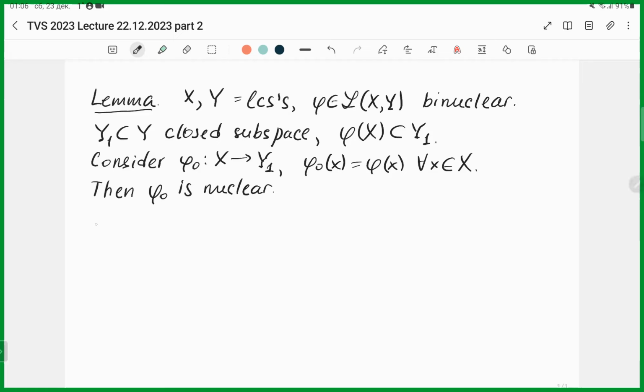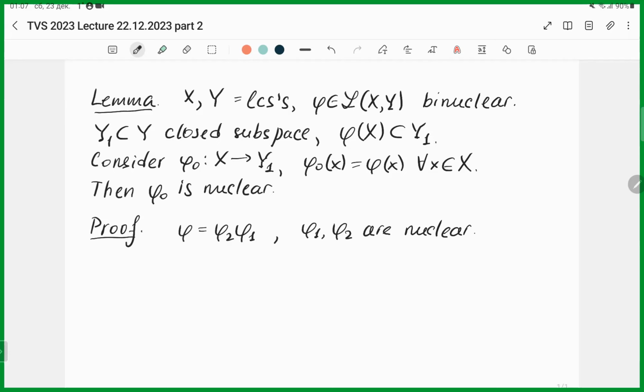To prove the lemma, we use actually the same trick, which we have already used when we proved the stability of the class of nuclear spaces under standard operations. Namely, we factorize something nuclear through a Hilbert space. So more exactly, let's look at the following picture. Phi can be written as a composition of phi 2 and phi 1, and they are nuclear. Phi 1, phi 2 are nuclear.